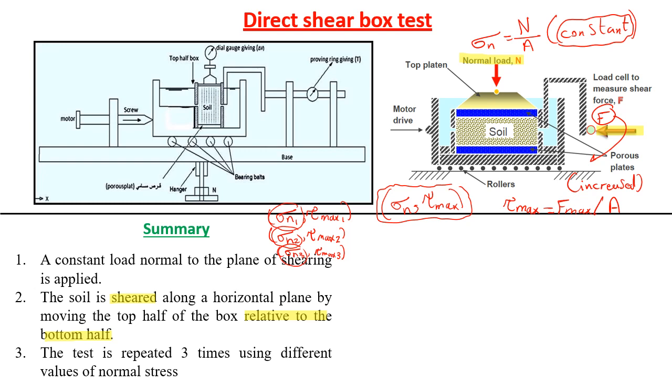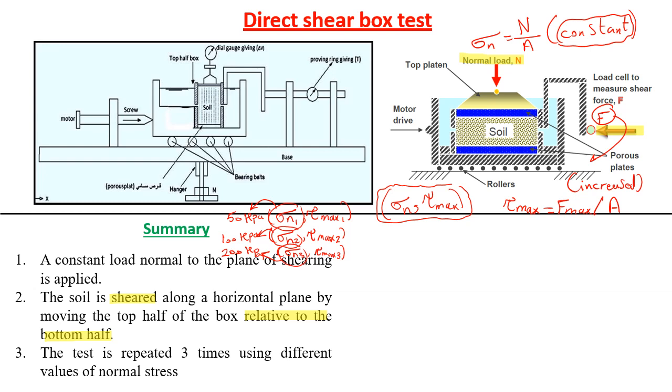For example, for your first test you can use sigma normal of 50 kilopascal. For your second test you use a sigma normal of 100 kilopascal, for example. And for the third test you can use 150 or 200 kilopascal sigma normal.